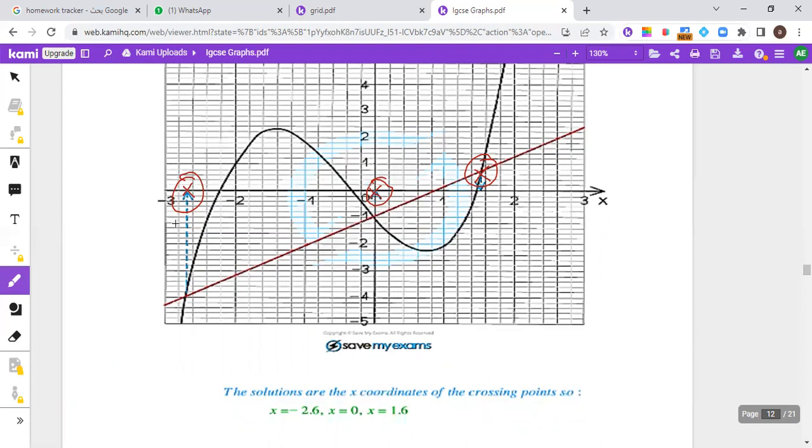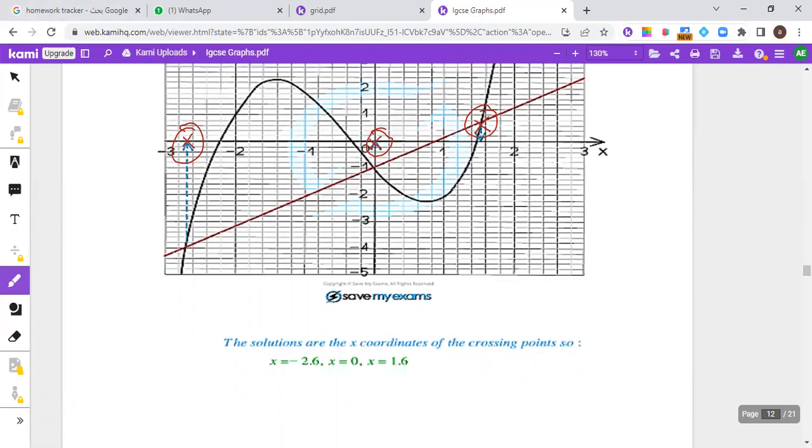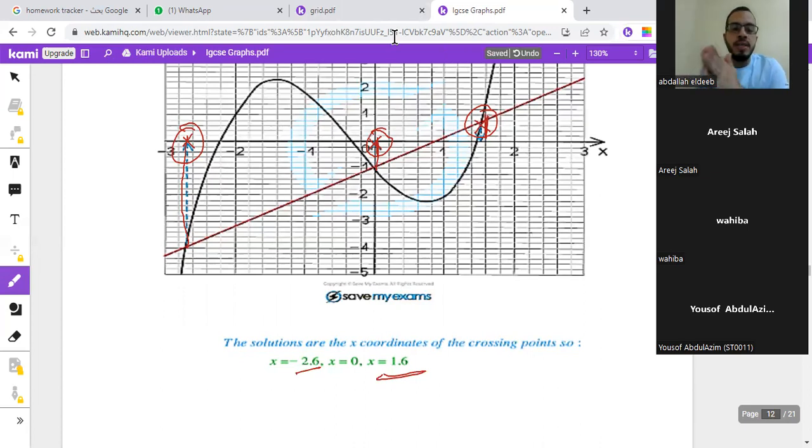And you see here that the points are negative 2.6, this one, 0, and this one is 1.6. When you graph it, the points may not be the same. For example, 1.6 may be 1.8 in your graph. No problem, write it. In the exam, it's considered a right answer, not a wrong answer. Okay?